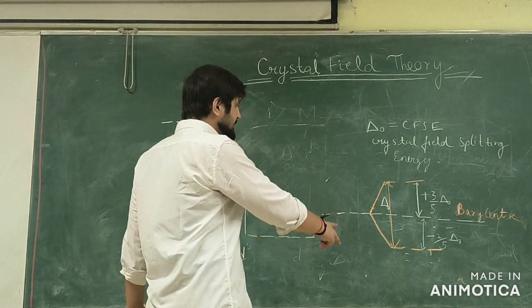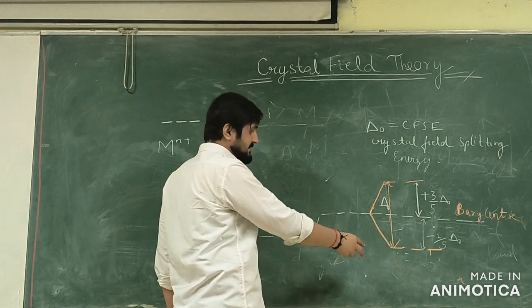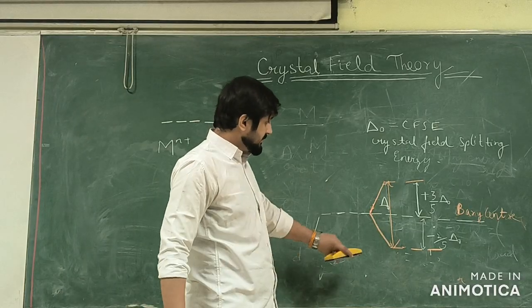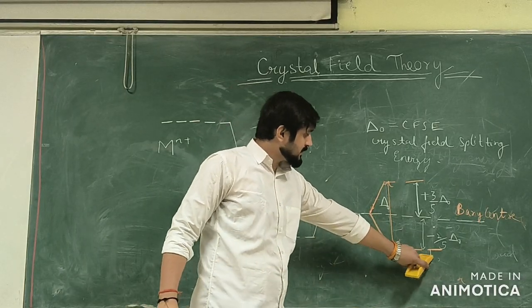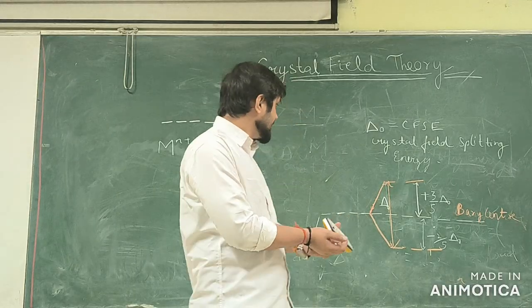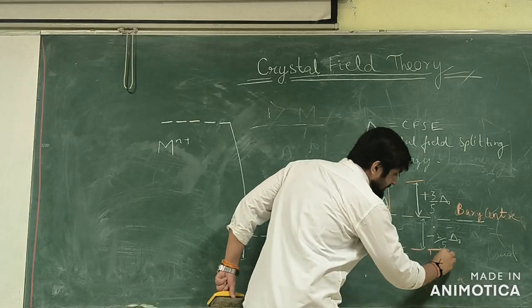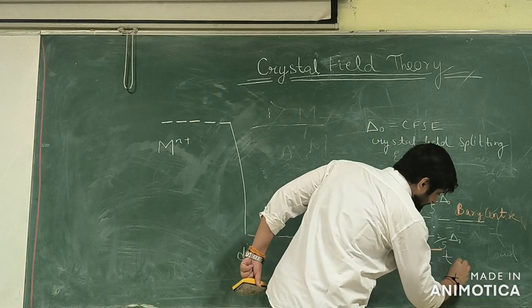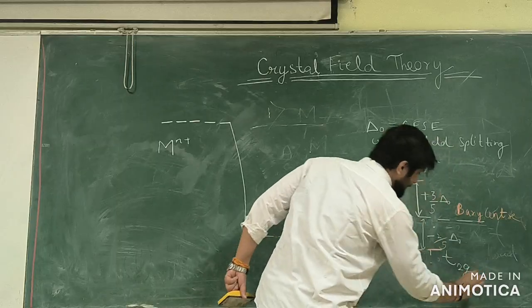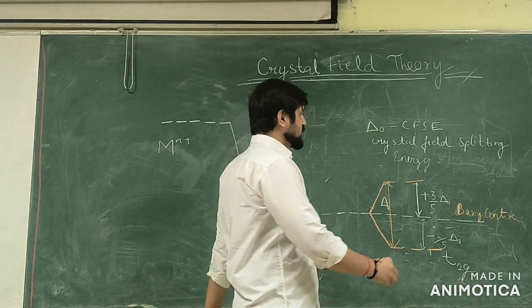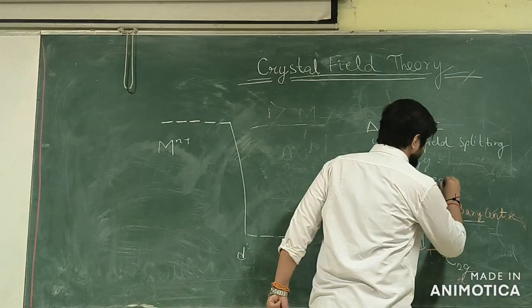So these two separated splitting orbitals, these lower 3 orbitals have a specific name, and also these upper 2 orbitals have a specific name. These orbitals are known as T2g, and these upper orbitals are known as Eg.